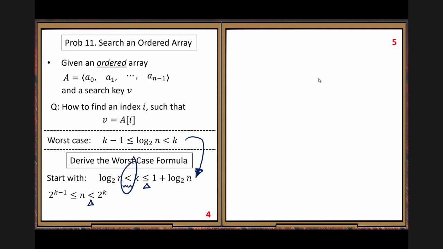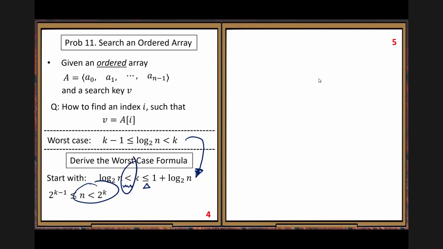Look at it. So here, let's focus on this part: strictly less than 2 to the kth power. So this is correct.